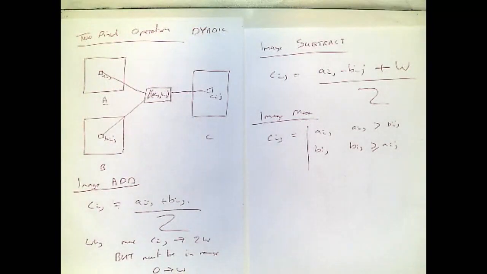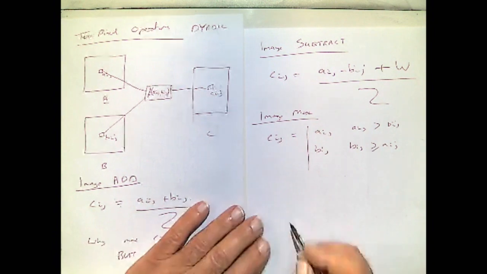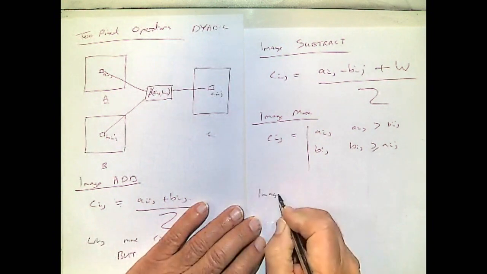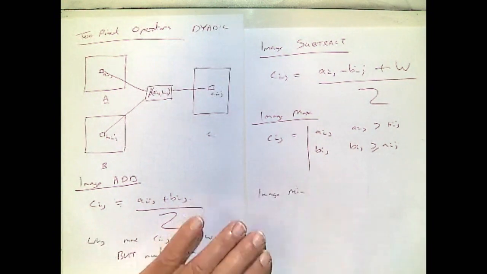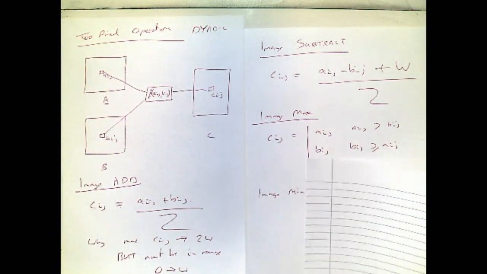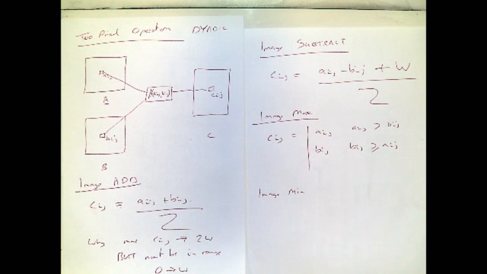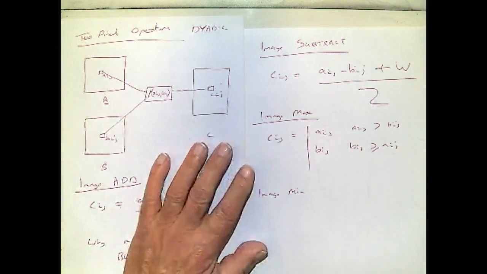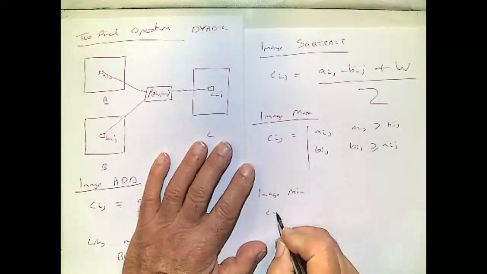So if there's image max, so this is getting simple, I'm insulting you, there's image min, isn't there? And image min is the opposite of image max.